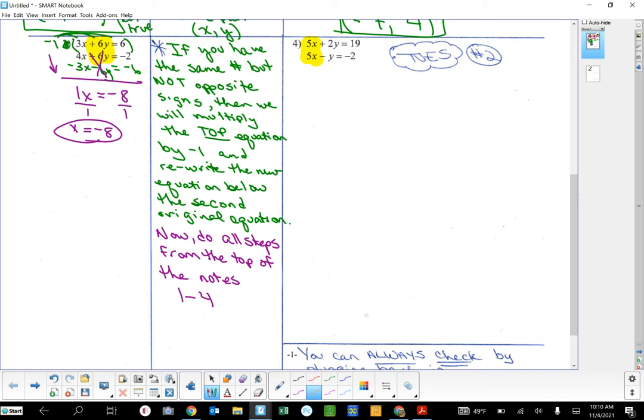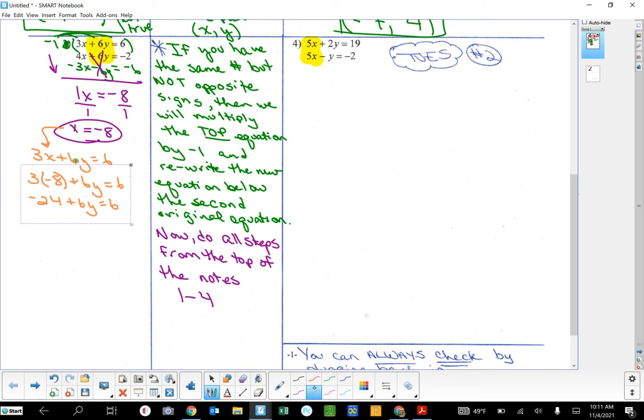Remember, we're then going to plug that into one of these two equations. So I'm going to take 3x plus 6y equals 6. I'm going to plug the x into the equation. So 3 times -8 plus 6y equals 6. Well, that's a -24.